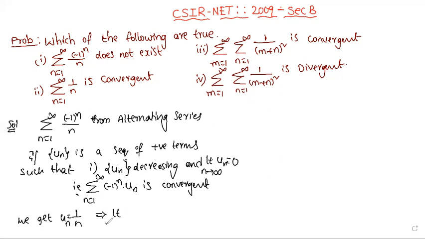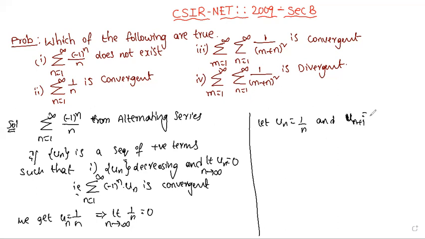That implies we can apply limits. Limit n tends to infinity 1 by n is equal to 0. This is the second condition of the Leibniz test. And for the first condition, let un be equal to 1 by n and un plus 1 equal to 1 by n plus 1.